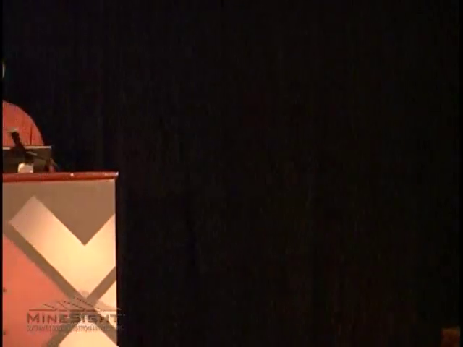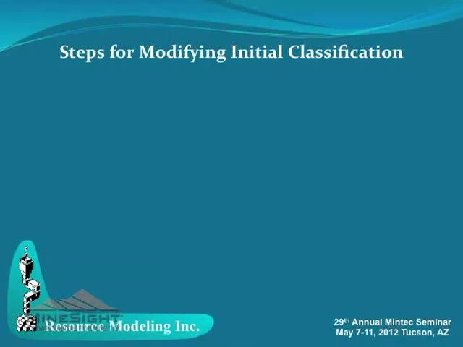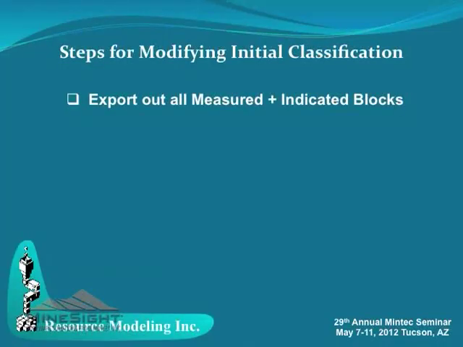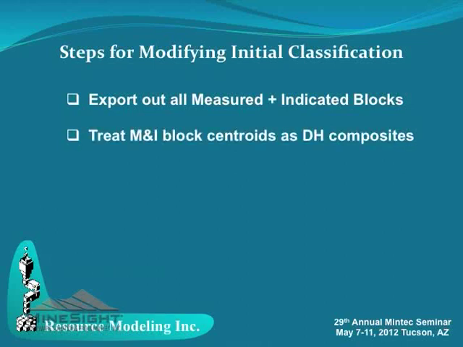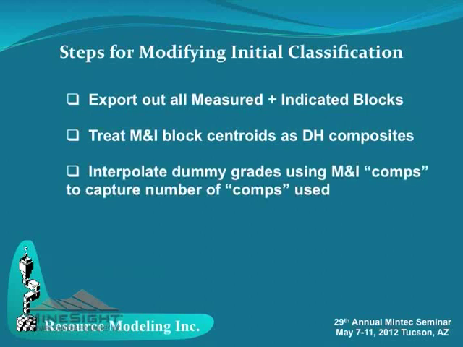So this modification of an initial classification code works like this. What I do is I export out all my measured, if I have any, and indicated blocks. Those block centroids are loaded into a drill hole composite file, and then they're used to interpolate just a dummy grade into only, in this case, inferred blocks.